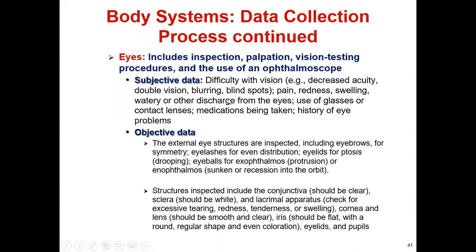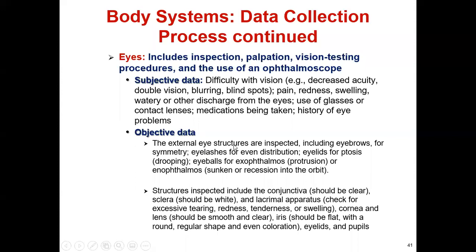Use of glasses or contact lenses, medications taken, or history of eye problem, like increased intraocular pressure, like glaucoma. So we need to check the pressure of the eye, which is called the tonometer test. What are the common subjective data?